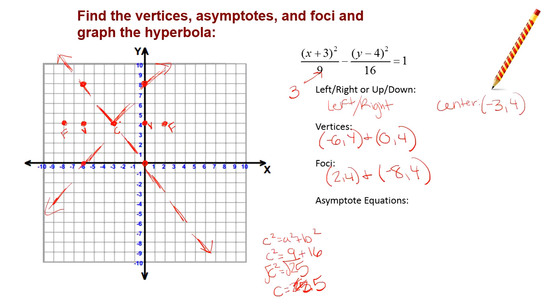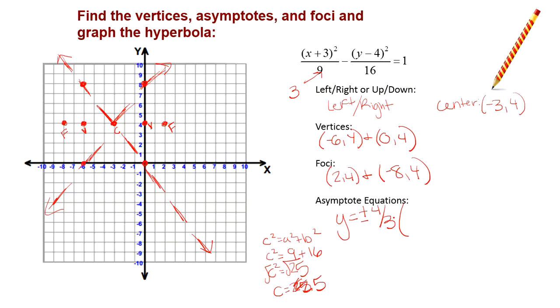Now let's write the equations of those two asymptotes. I do know it has a different center than (0, 0), so we can use that new way of writing the equation of a line. Let's find our slope first. From my center to this dot, I'm going to go up 1, 2, 3, 4, and then over 1, 2, 3. So my slopes are going to be plus or minus 4/3. Now my middle point has shifted.